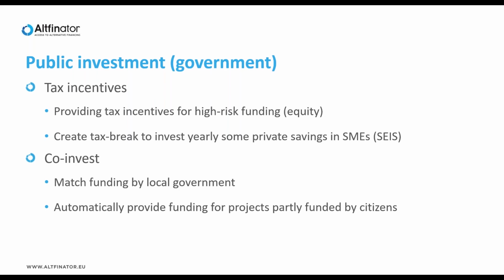We see in the UK that the crowdfunding market is growing really fast with these tax incentives and the peer-to-peer business lending, especially because you can put a part of your savings every year aside. It's not taxed at all, and you can use it for your future income. So, for example, for your pension, but only if you're invested in certain types of projects, in certain types of companies.